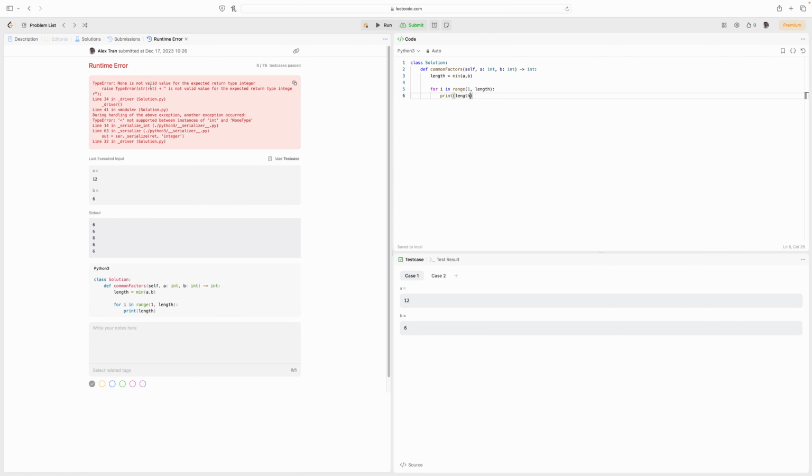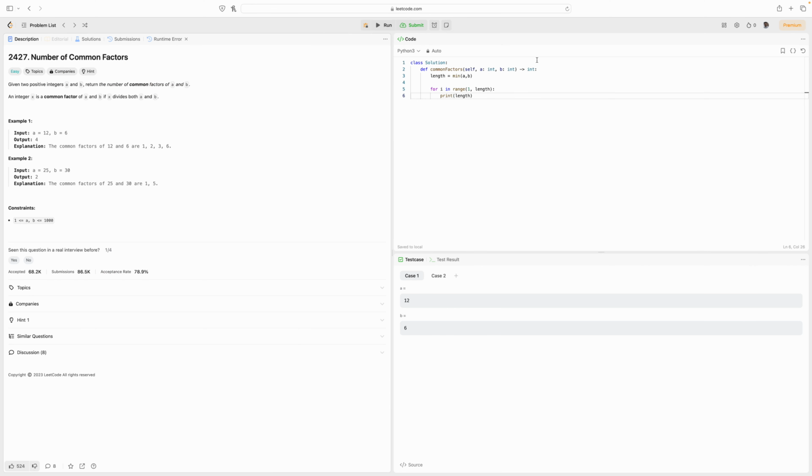None is not a valid integer. I gotta return something, so that's why. res is equal to 0 initially, and in the end, we're going to return res or total.